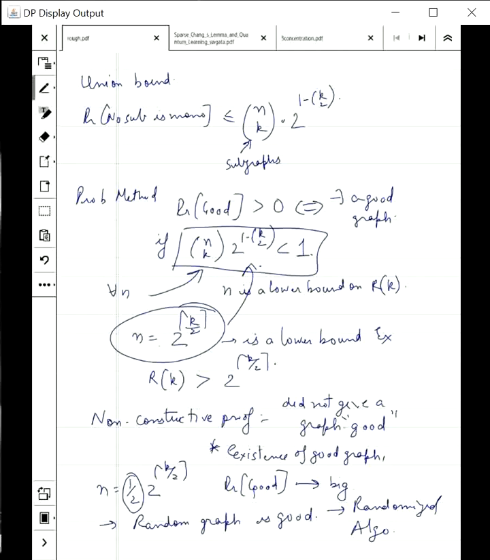You just pick a random graph, and by the analysis, we know that it is good with high probability. It is not going to have a monochromatic k-size subgraph.